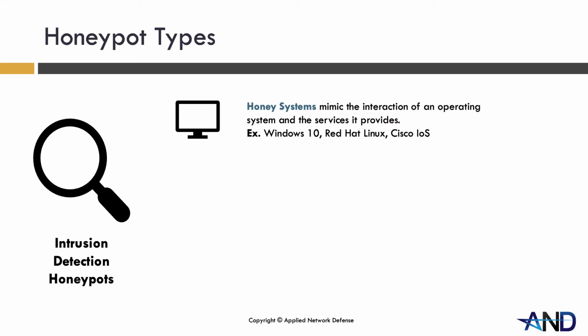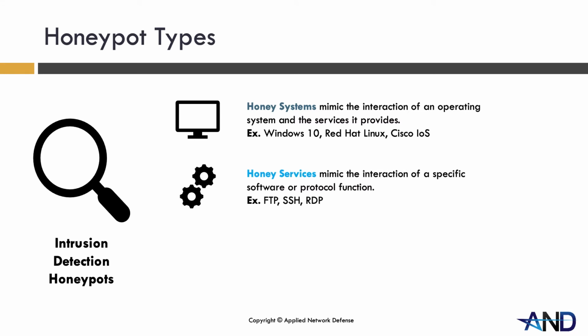We don't actually use these a lot in intrusion detection honeypots because while they provide a great deal more interaction, we don't need that level of interaction, and they're a lot more work to secure and make safe. We generally use lower to medium interaction things like honey services. A honey service is a little bit more narrowly focused, and it mimics the interaction of a specific software or protocol function.